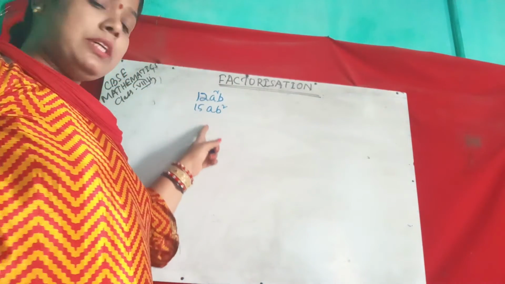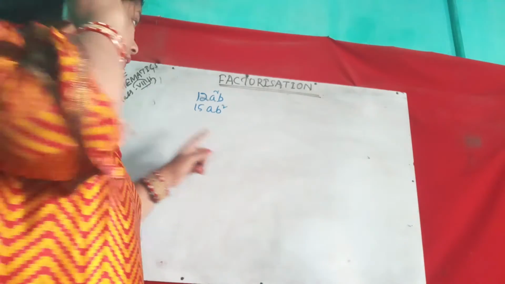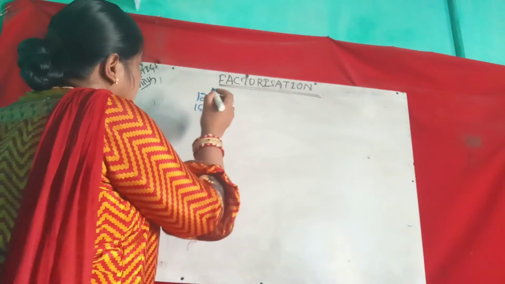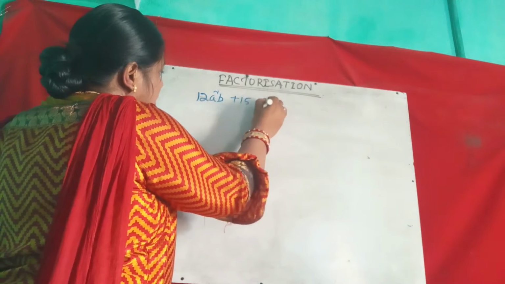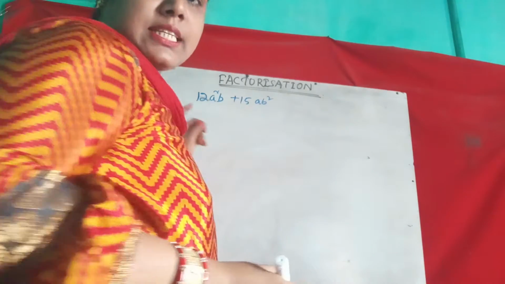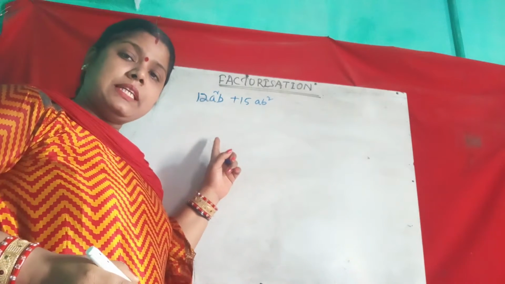Factorize 12a square b plus 15ab square. Your question is to factorize the algebraic expression.